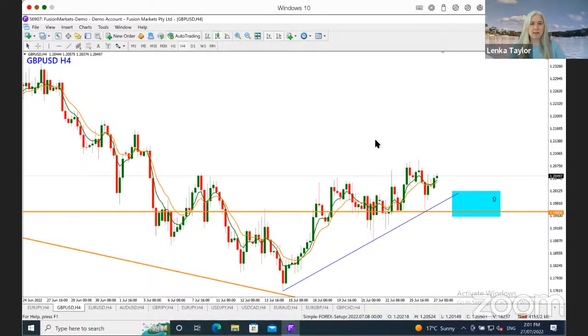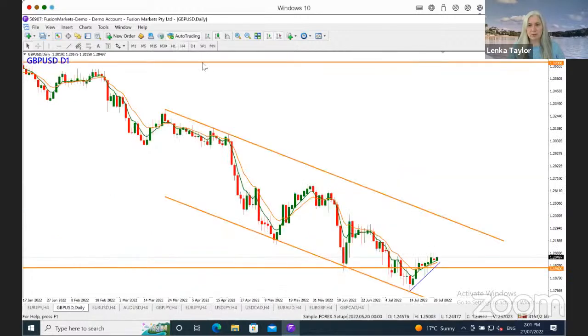So the first currency pair I will be starting with is GBPUSD. And today I will be looking for long opportunities. On the daily, the price action is now back above that previous level of support.